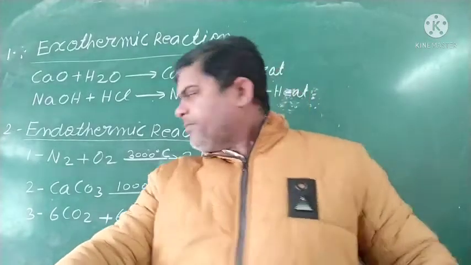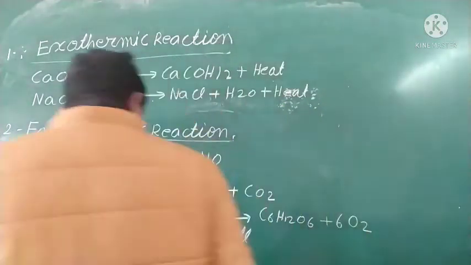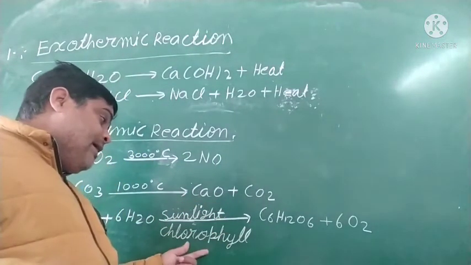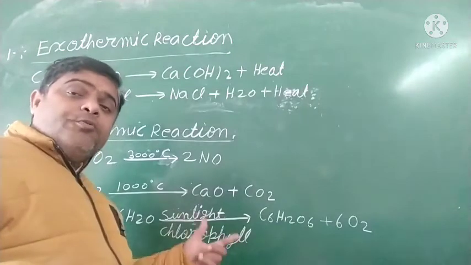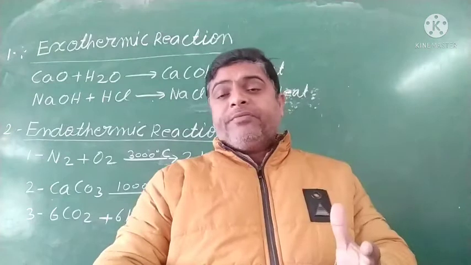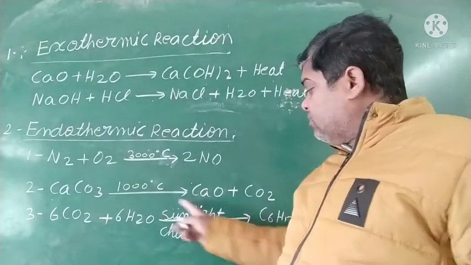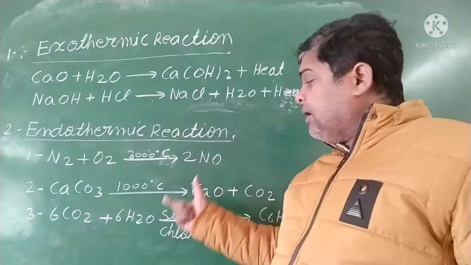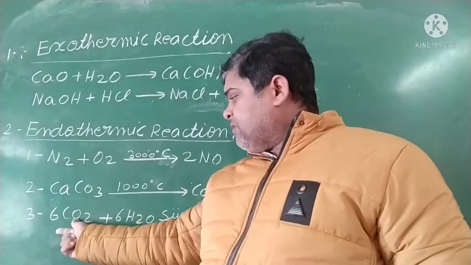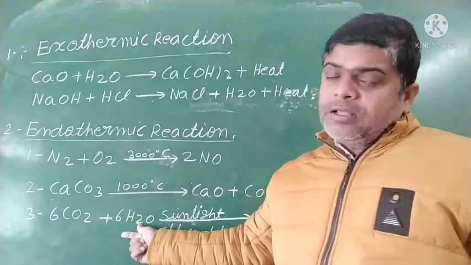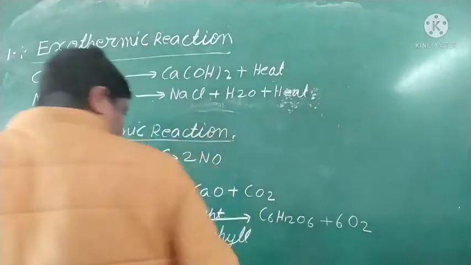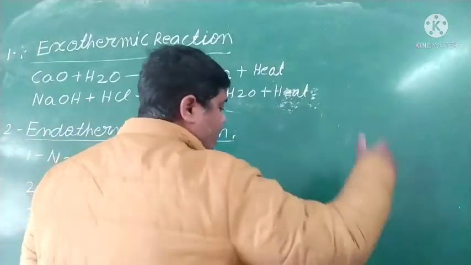How does it form? See, in the presence of sunlight and chlorophyll. You know chlorophyll? Chlorophyll is a green pigment present in the plant leaf. So in the presence of chlorophyll, the plant absorbs carbon dioxide from the atmosphere and water from the soil. In the presence of sunlight, it forms glucose and oxygen.